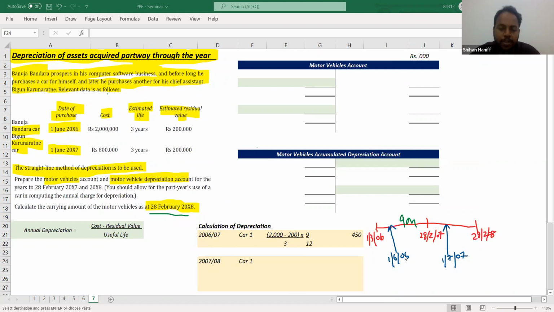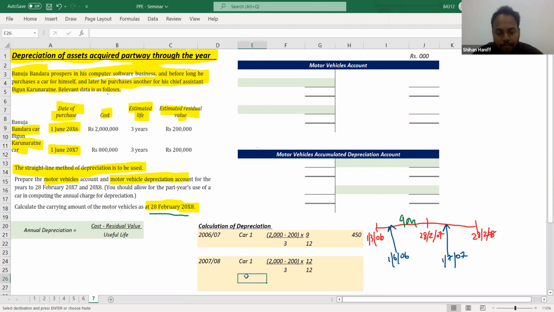So for the depreciation for that car, in 2007 and 2008 both years we have to depreciate. First year 9 months, and second year we have to depreciate for the entire 12 months. So how much is the depreciation? You can calculate.